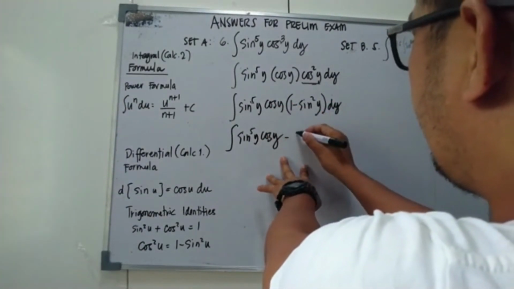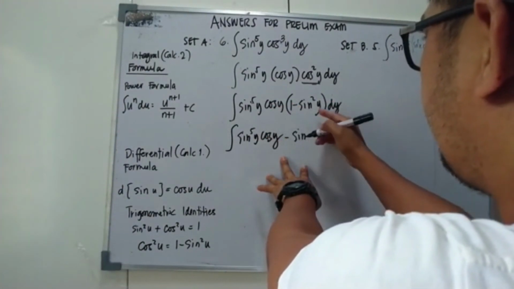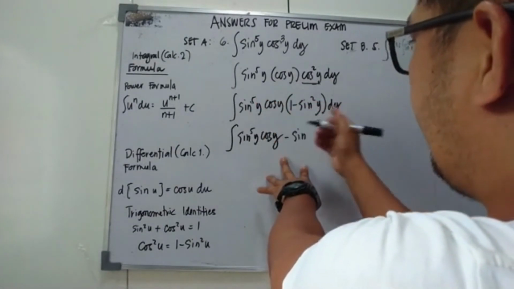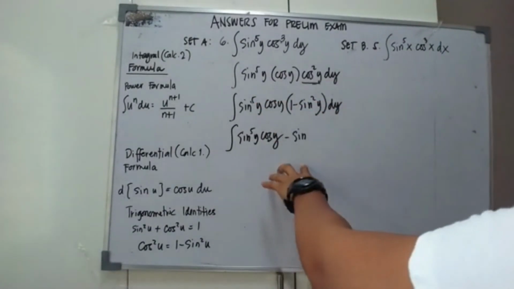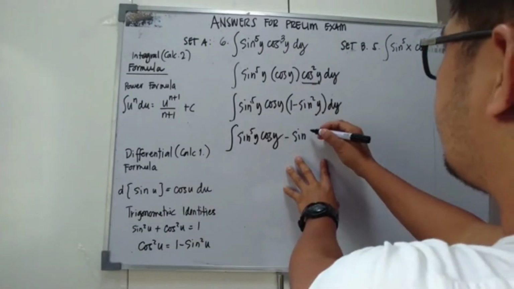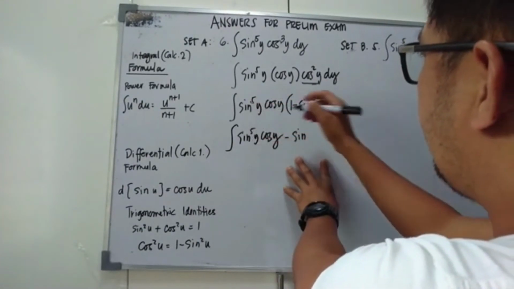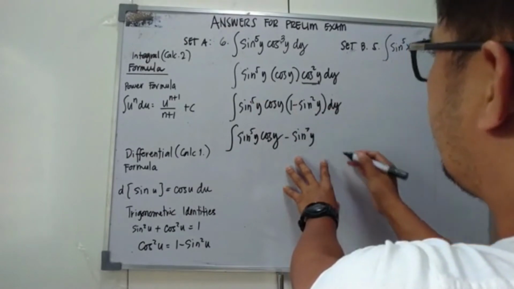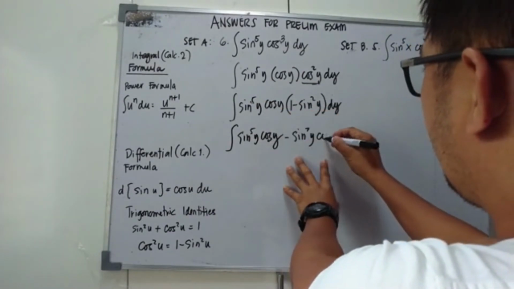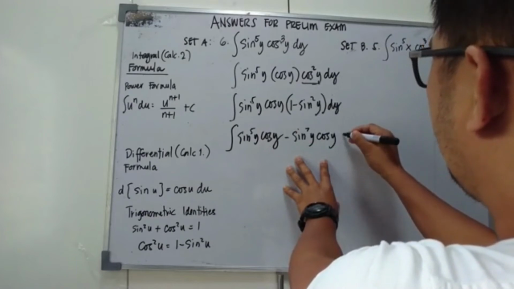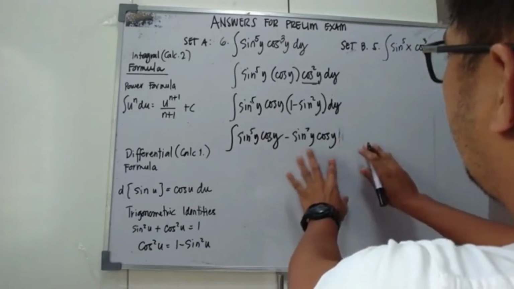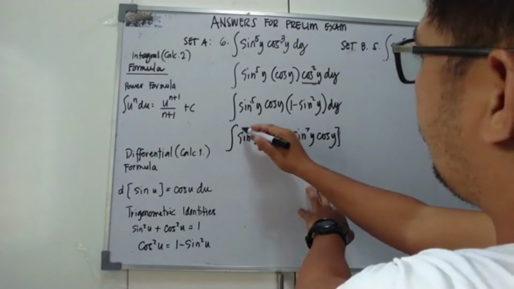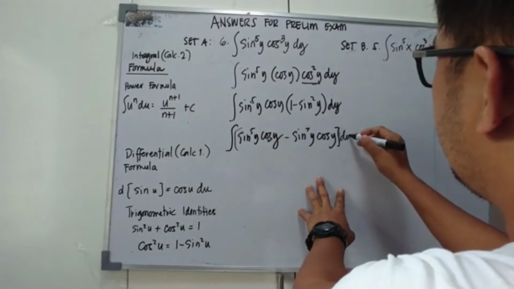Only the sine will have an effect here. When multiplying the same base, we add the exponents, so 5 plus 2 is equal to 7. Sine raised to 7y, then just copy the cosine of y and multiply all of this by dy.